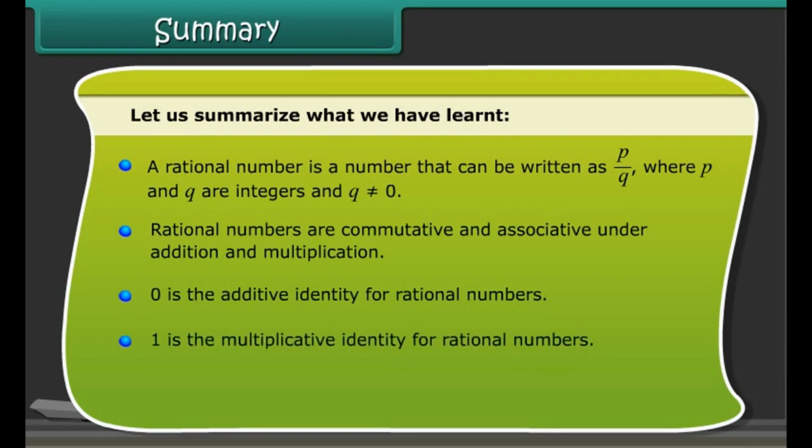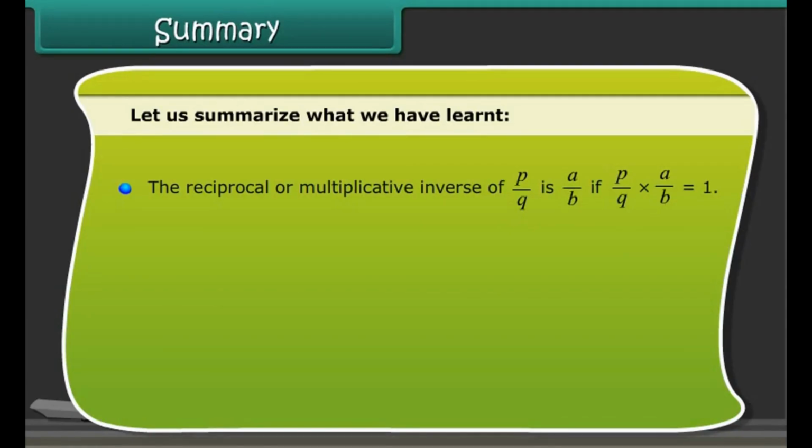1 is the multiplicative identity for rational numbers. The additive inverse of p/q is -p/q and vice versa. The reciprocal or multiplicative inverse of p/q is a/b if p/q times a/b is equal to 1.